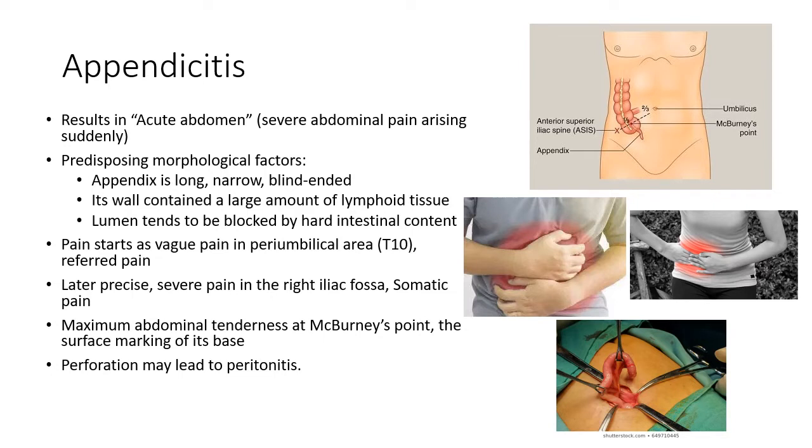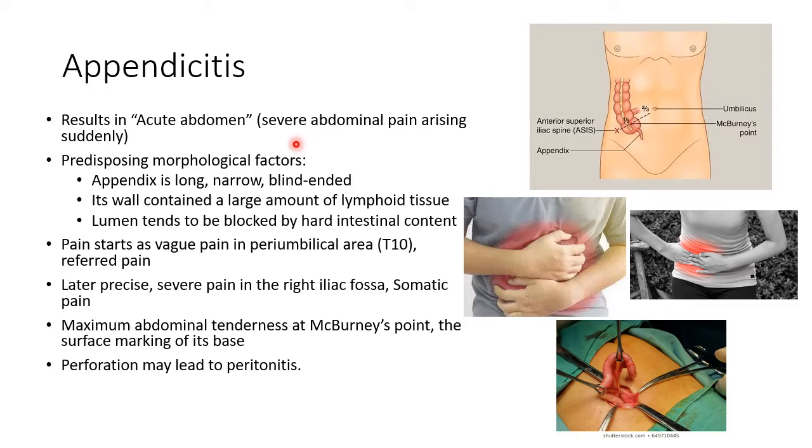Now, although the appendix is a small part of the intestine, it can cause problems to individuals. It can be inflamed, and that condition is called appendicitis. It's one of the causes of acute abdomen, a condition which is severe abdominal pain arising suddenly.